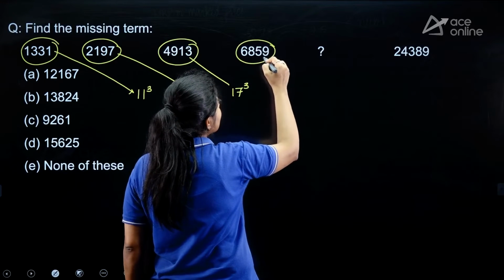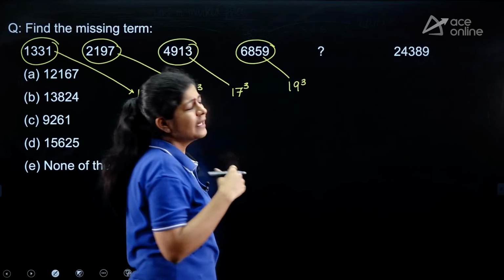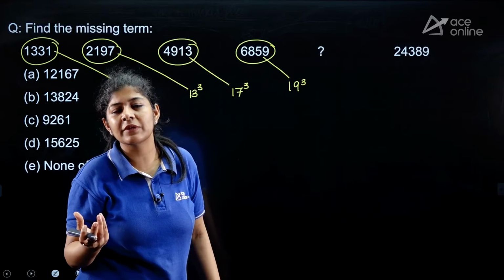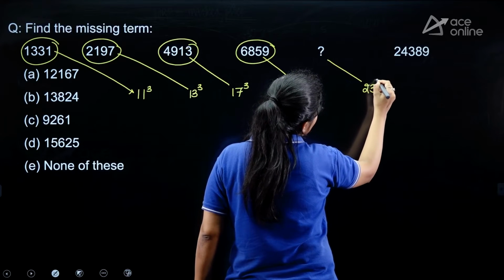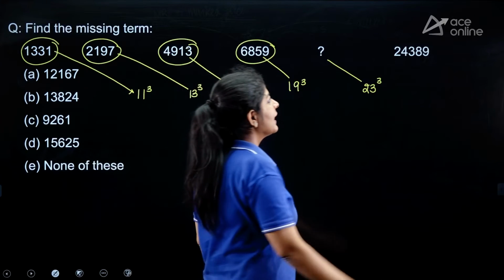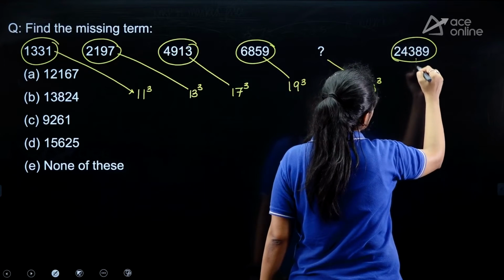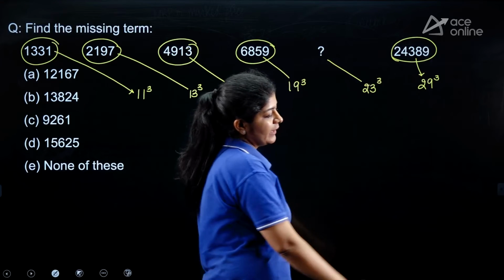So this one is the cube of 19, right? What is the next prime number that we have over here? That is 23. And the next prime number is 29, and this is the cube of 29.